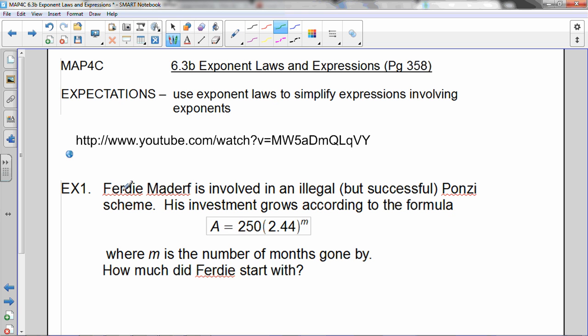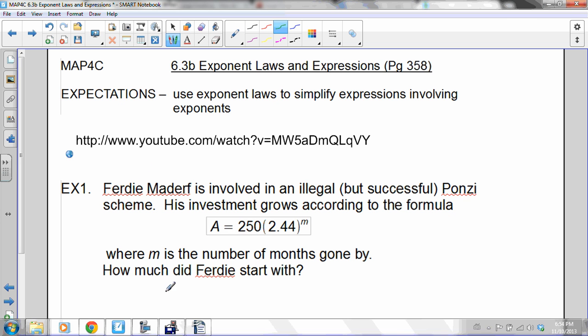And obviously the dude's name wasn't Ferdy Madoff, but there was a man that was arrested and made billions of dollars, and he was basically just robbing people because of a Ponzi scheme. And this happened not very long ago, and there was a lot of influential Americans who lost not all of their money, but a lot of their money because of Bernie Madoff, not Ferdy Madoff, Bernie.